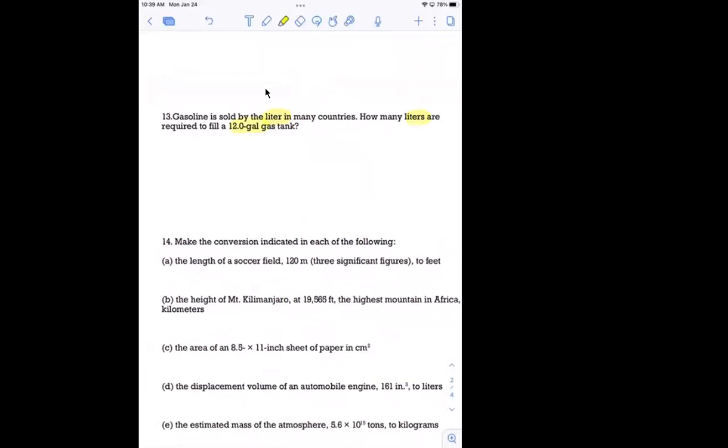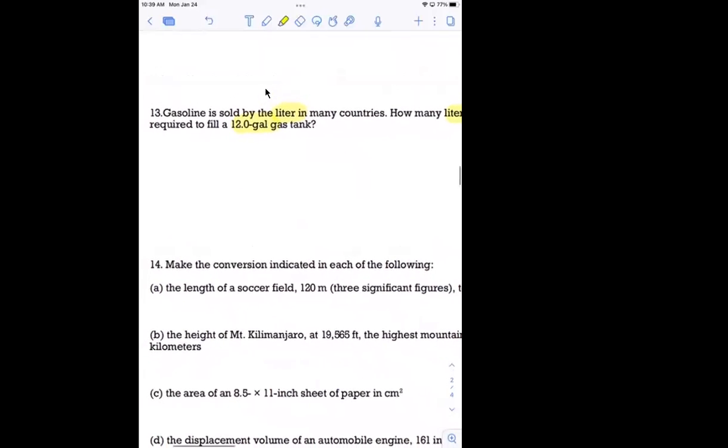So can somebody Google that? I mean, we have a chart, but you can look it up real quick. Anybody got it? See, here's the thing.